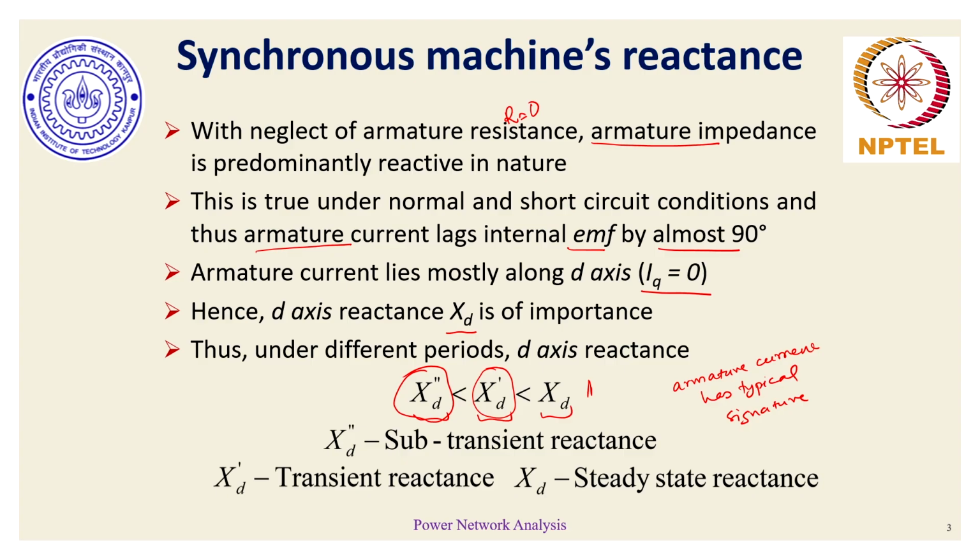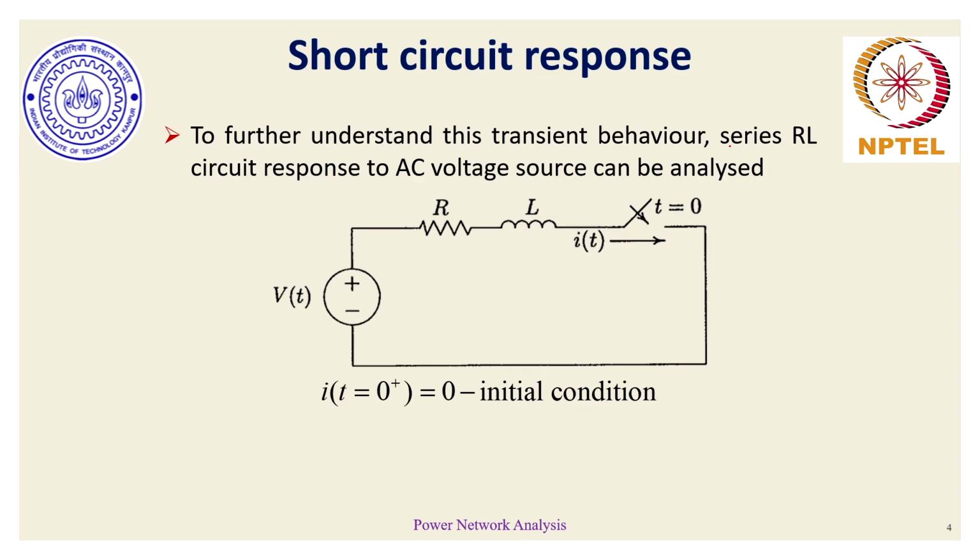Since our synchronous machine or generator is mostly an inductive circuit, we can understand the armature current behavior of the synchronous generator, the way it behaves during a fault or just after a fault or in the steady state period, analogously by the response of a series RL circuit.